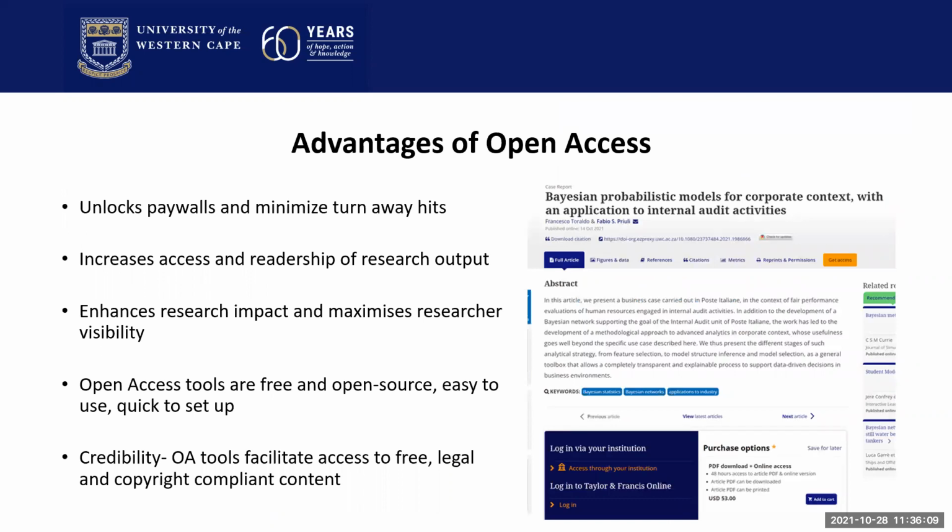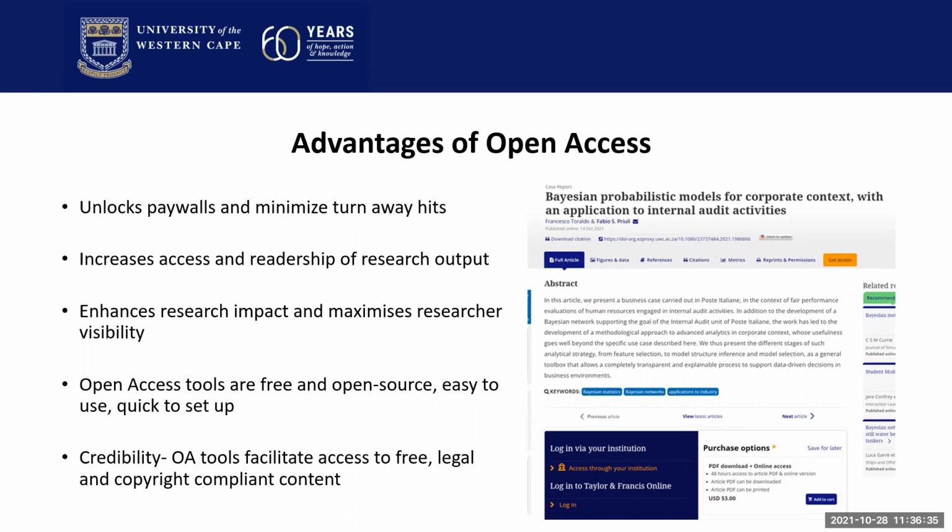Okay, so the advantages of open access minimize the number of turn-away hits that users experience. Open access also increases readership, and therefore maximizes research impact for research feasibility. Open access tools are free and open source, and they are easy to use and quick to set up.